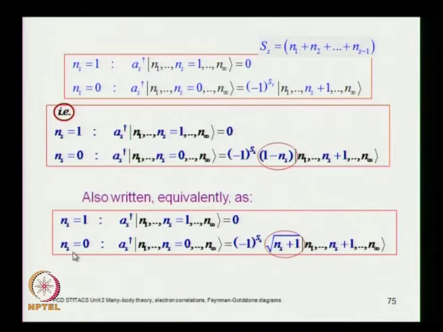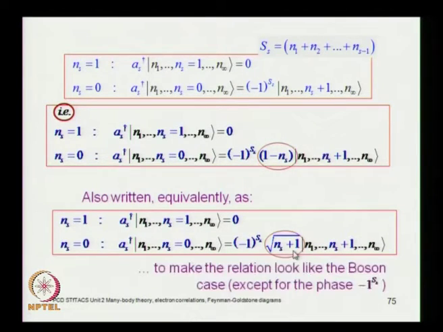If ns is 1, you cannot create any another fermion on that. So, these two expressions are completely equivalent, and this makes it look just like the Bose case, except for the phase factor which is minus 1 to the power s, which you must always remember when you are working with fermions.